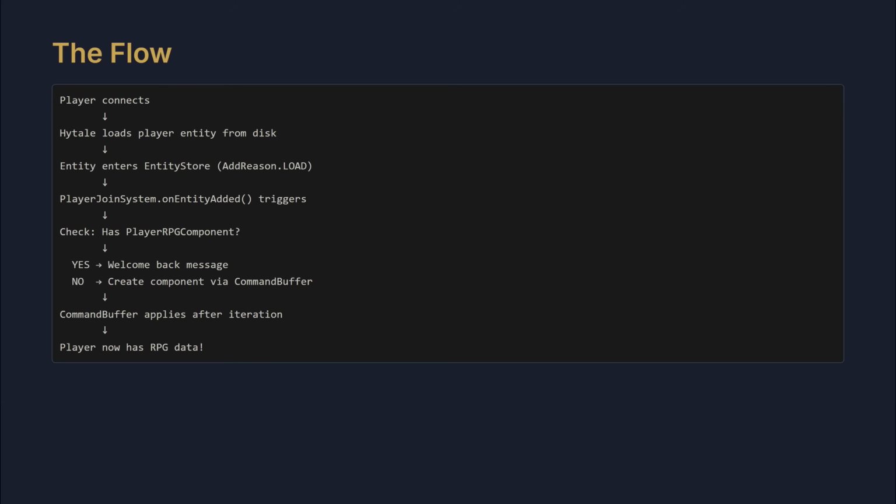Our PlayerJoinSystem's onEntityAdd is triggered. We check, hey, does the player that has joined have a PlayerRPG component? If so, send them the welcome back message. If not, create a new component via the command buffer, and the command buffer applies that after the iteration, and now the player has RPG data.